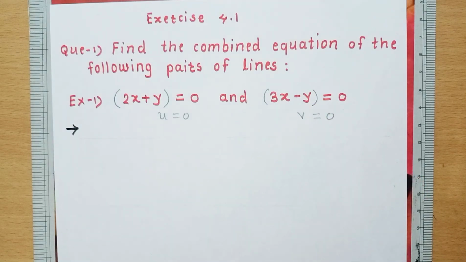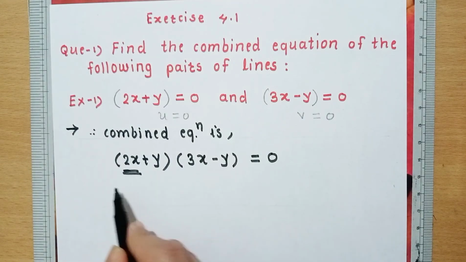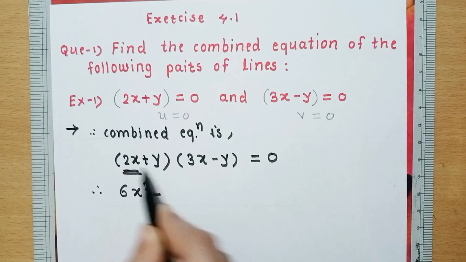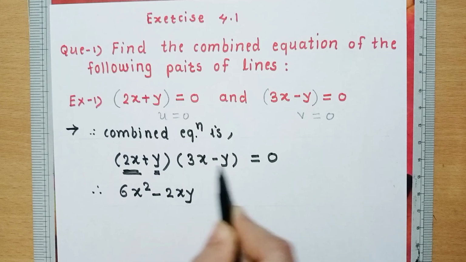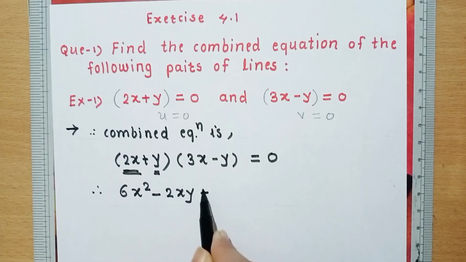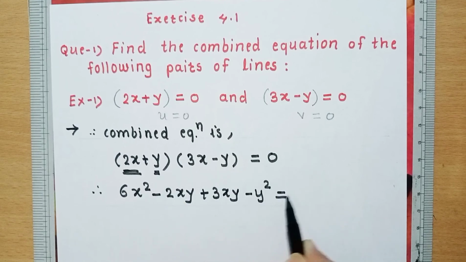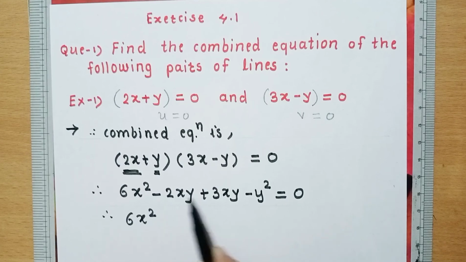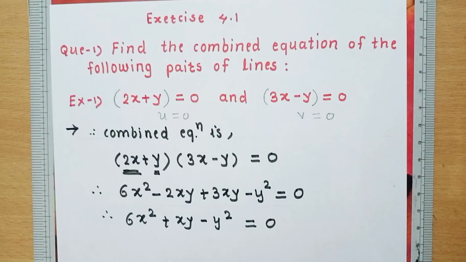So the combined equation is: we multiply 2x to this whole bracket, and therefore we have 2 times 3 is 6x square minus 2x into y, 2xy. Then multiply by y to this bracket. So y into 3x, 3xy, and then y into y, minus y square equal to 0. Therefore again 6x square minus 2xy plus 3xy minus y square is the combined equation of these given two lines. Very easy.